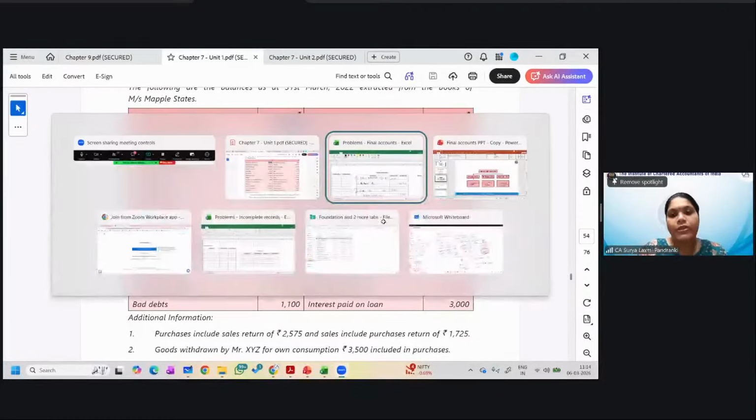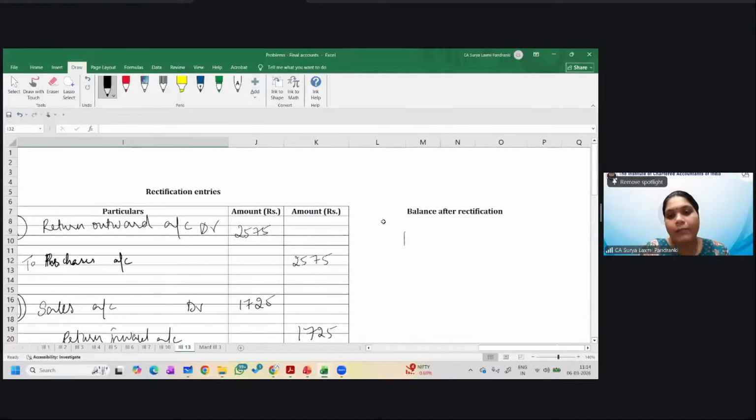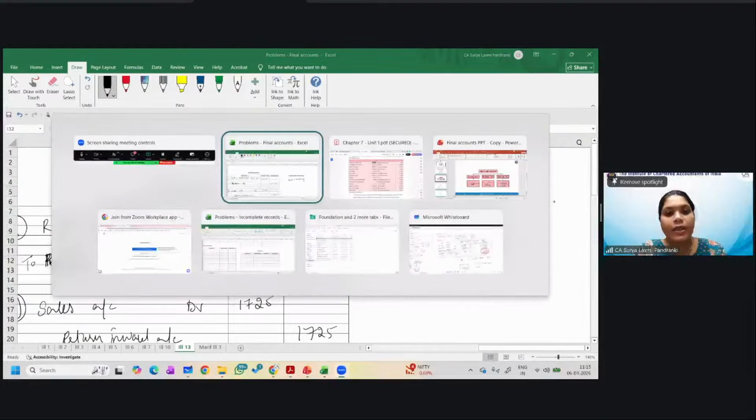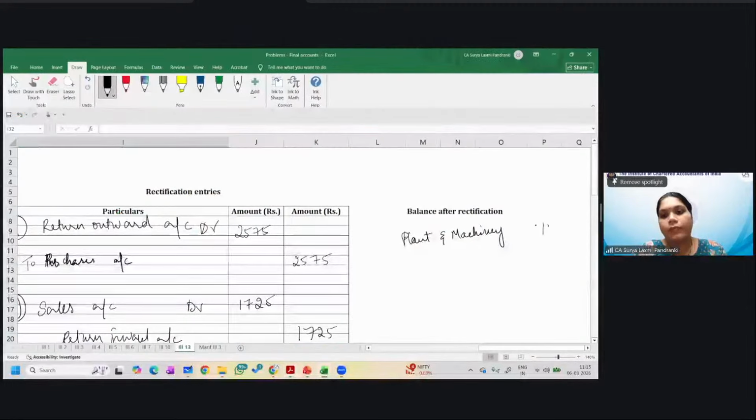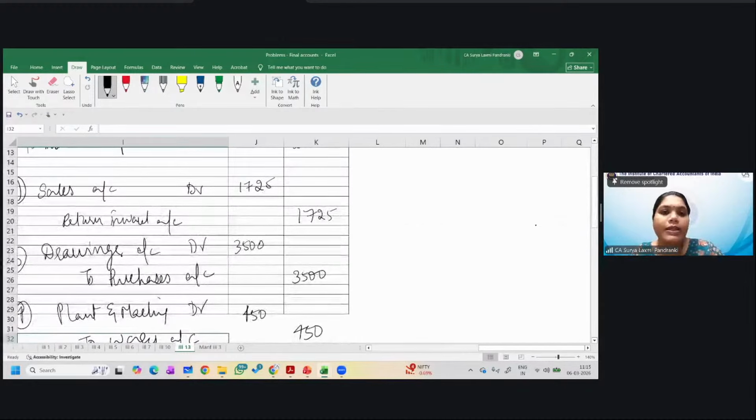I'm also writing the balances here so that we have clarity when we are doing the trading and all these accounts. So plant and machinery balance was 19,550. Correct? Now whether you should add or deduct depends upon the journal entry we posted.